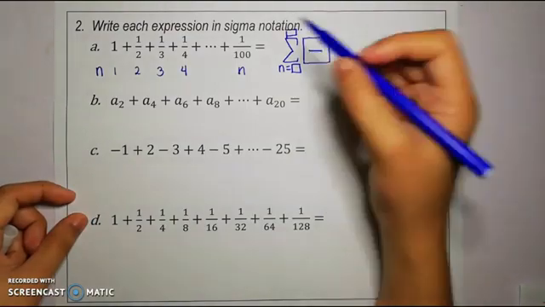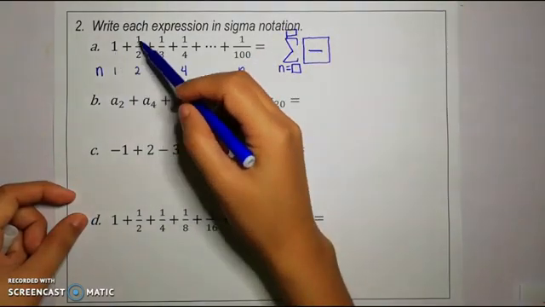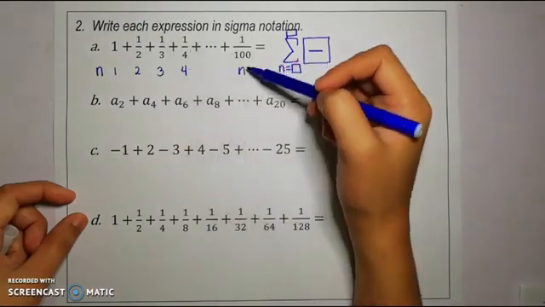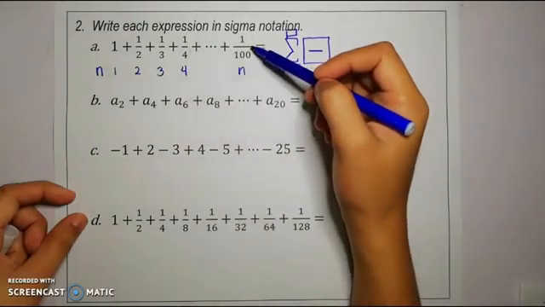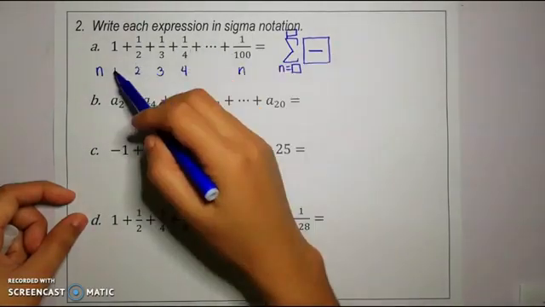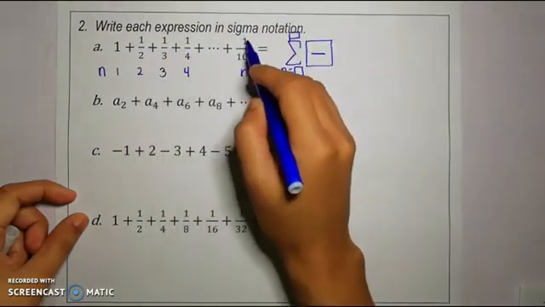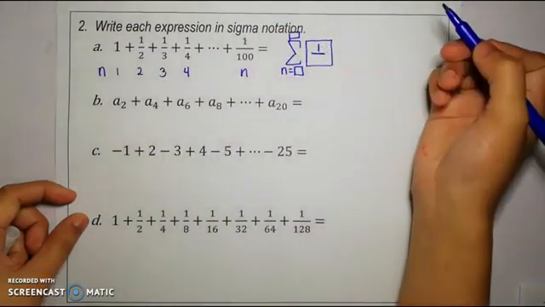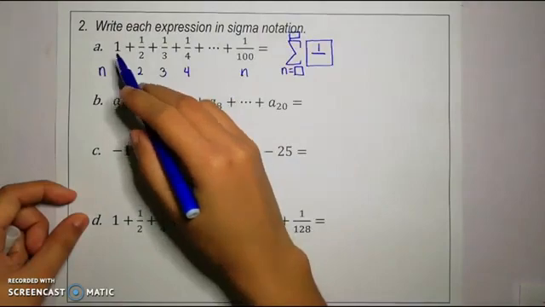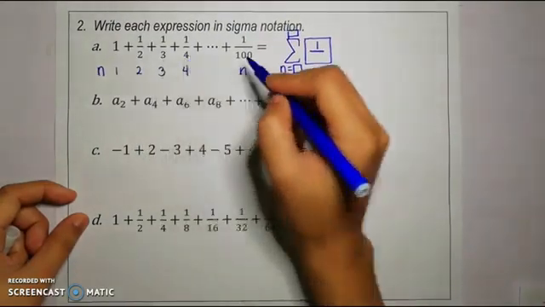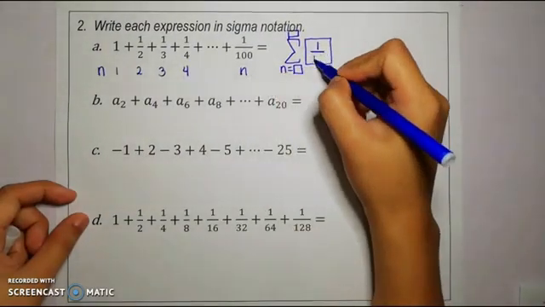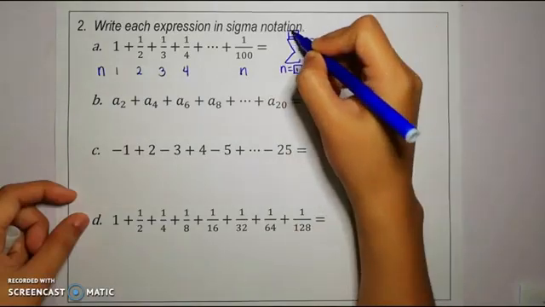We will examine the behavior of the series when it becomes 1, 1/2, 1/3, 1/4, until 1 over 100. You can observe that the numerator is always 1, and the denominator behaves as n increases.